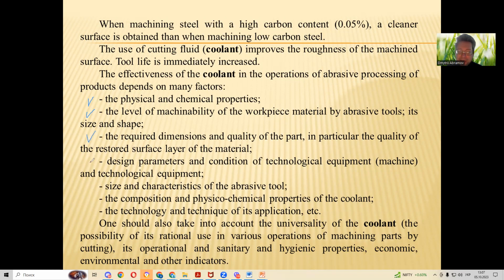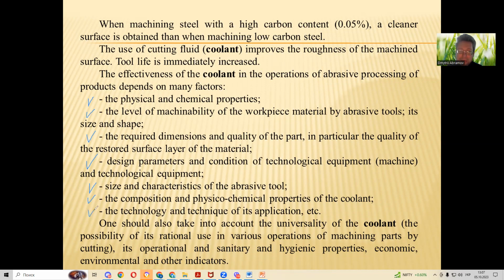Design parameters and condition of technological equipment, machine and technological equipment. Size and characteristics of the abrasive tool. The composition and physico-chemical properties of the coolant. The technology and technique of its application, etc.